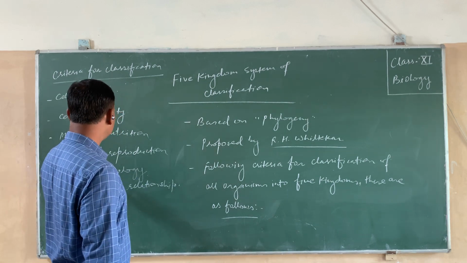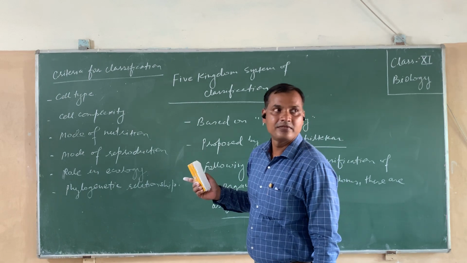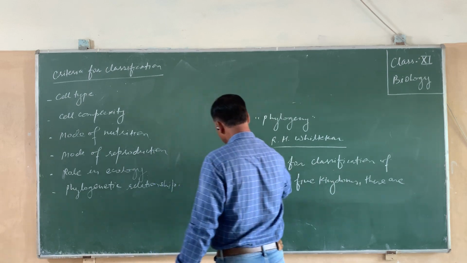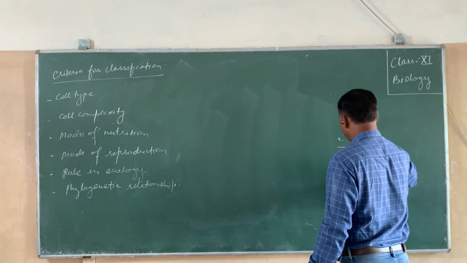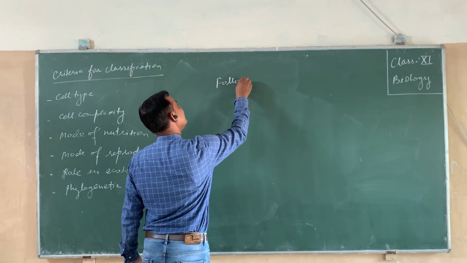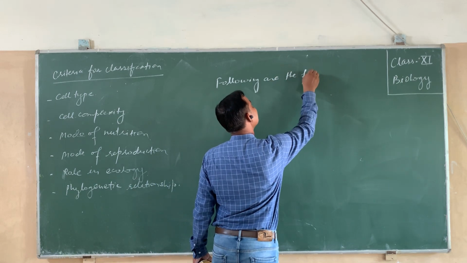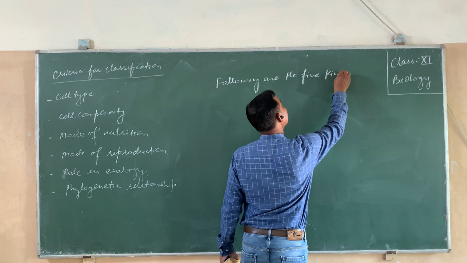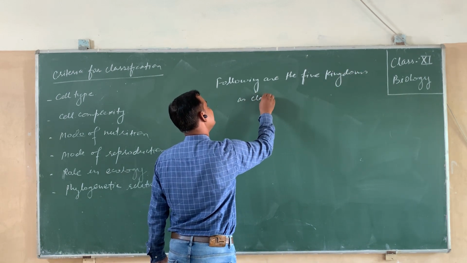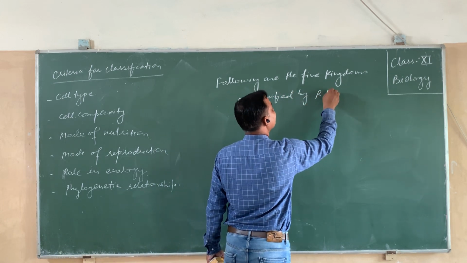Taking all these points in mind, Whittaker classified all the organisms into the following 5 kingdoms. These kingdoms are as follows. Following are the 5 kingdoms as classified by Whittaker.